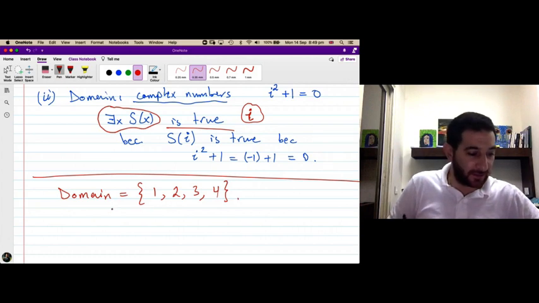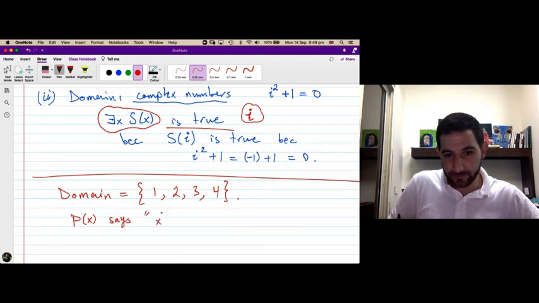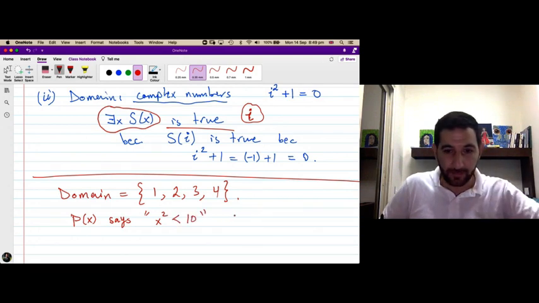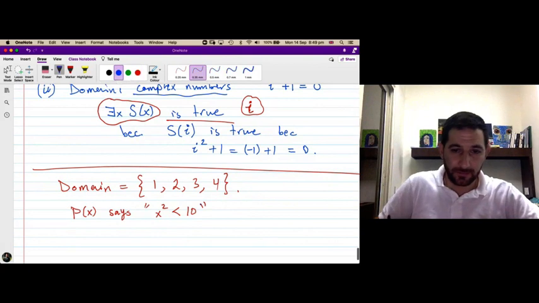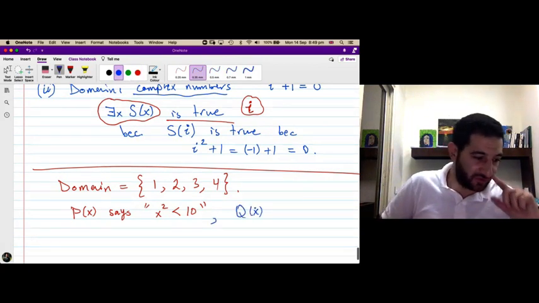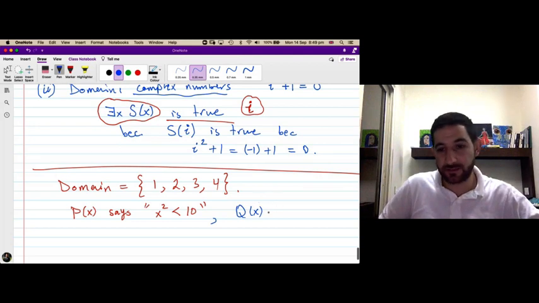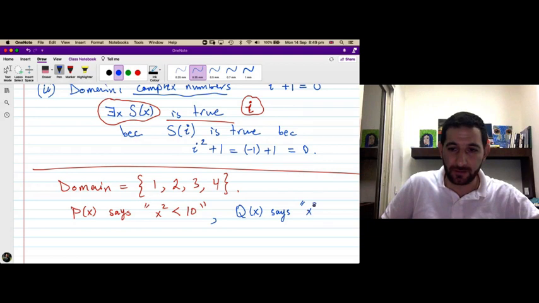Look at the predicate P of x, which says that x squared is strictly less than 10, and the predicate Q of x, which says that x squared is strictly bigger than 10.